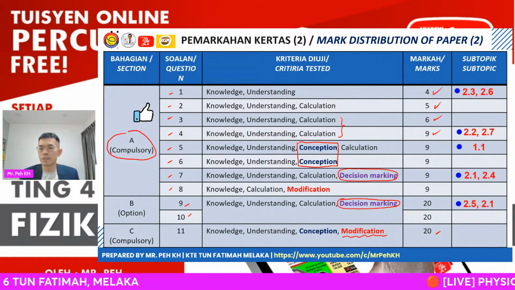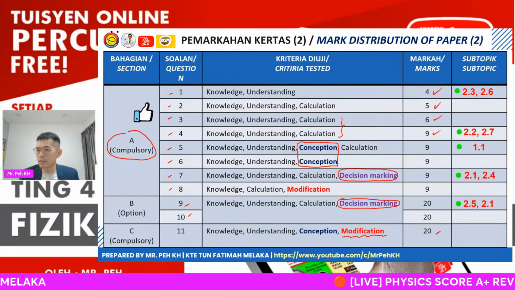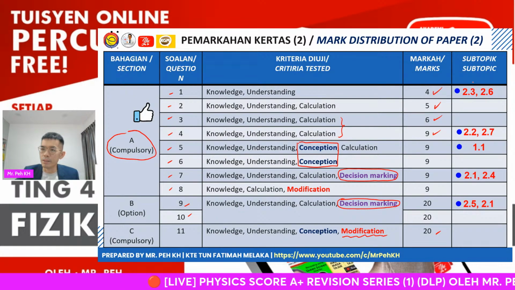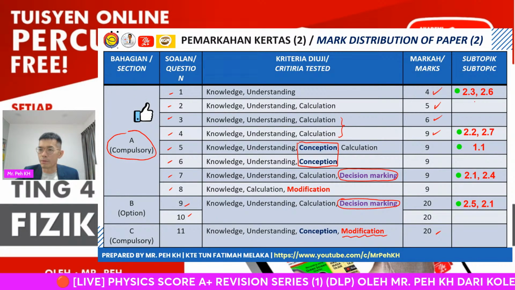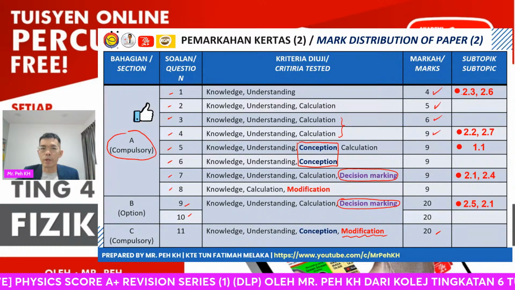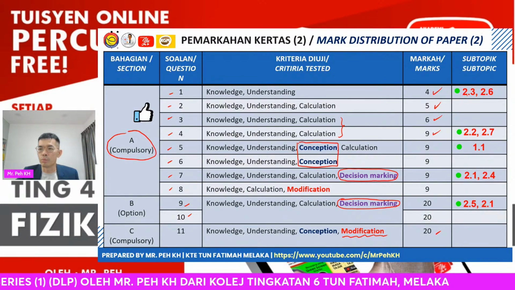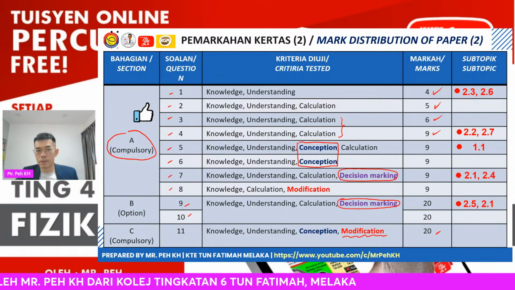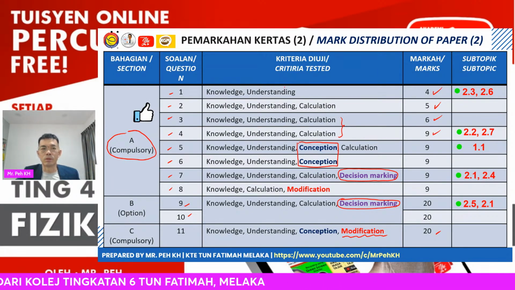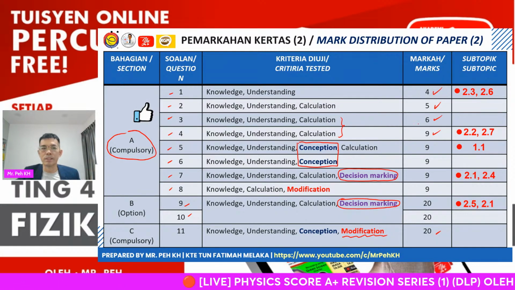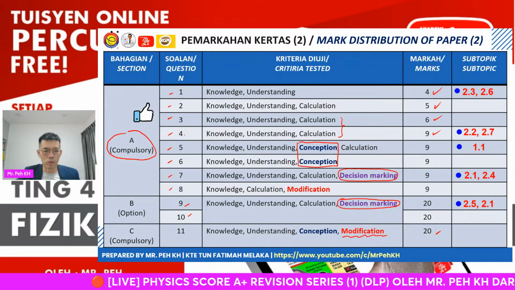So for today's lesson, we will cover all the subtopics in chapter 2 and chapter 1. Two questions will be discussed in subtopics 2.3 and 2.6, and the type of question here will be question number 1. Then subtopics 2.2 and 2.7 will be related to the type of question number 4.